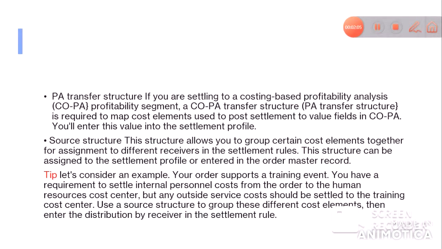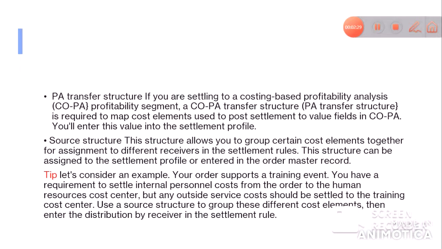So let us consider an example. Your order supports a training event. You have a requirement to settle internal personnel costs from the order to the human resources cost center, but any outside service cost should be settled to the training cost center.